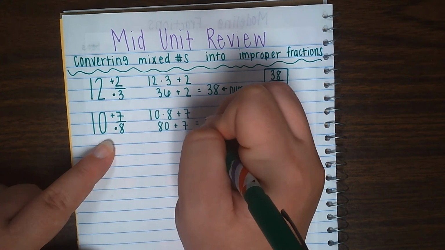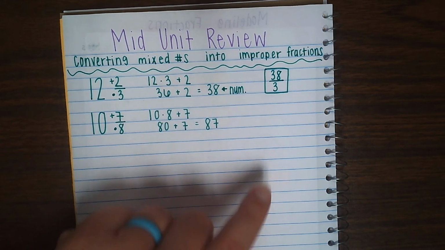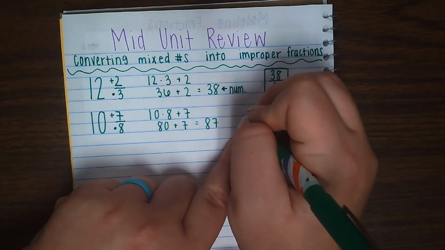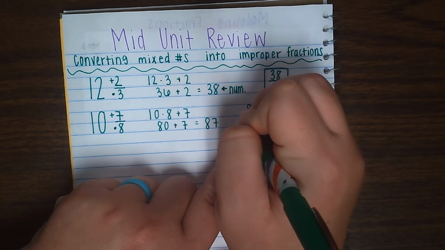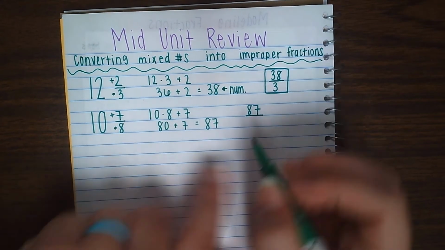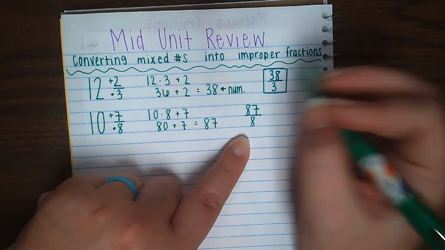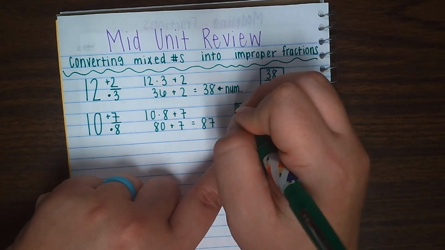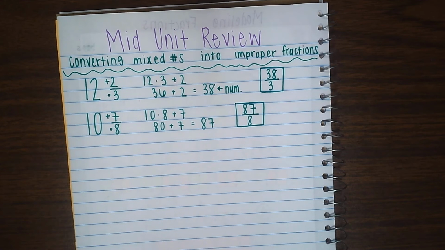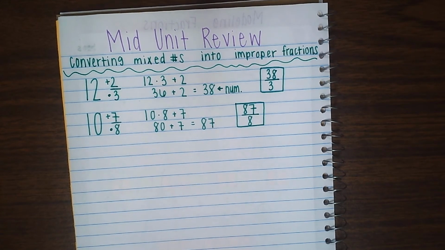That gives me 87. 87 is my new numerator. My denominator stays the same. So our answer is 87/8.